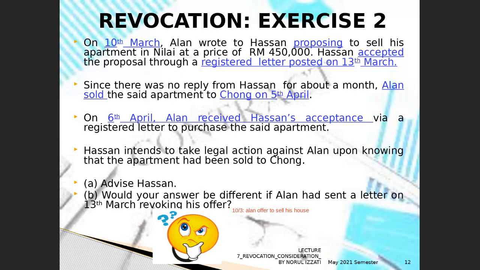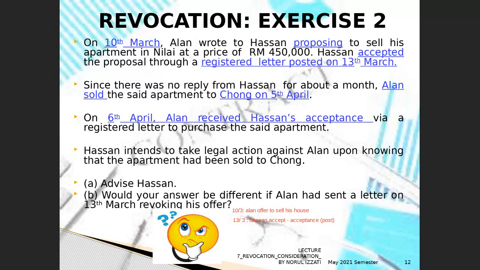Accept the offer and then straight away send the letter. Straight away send the letter for acceptance. Okay, he received and then he accepted. That means I put here the post. And then after that, what happened? Because Alan did not receive the letter, maybe the letter is no way.